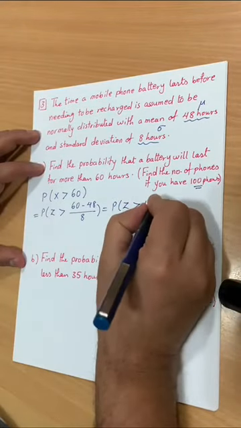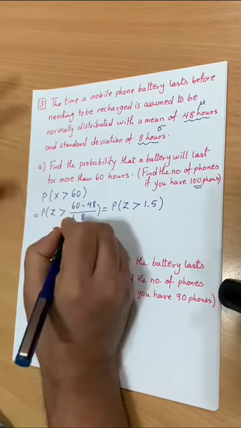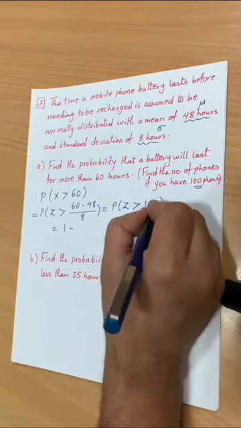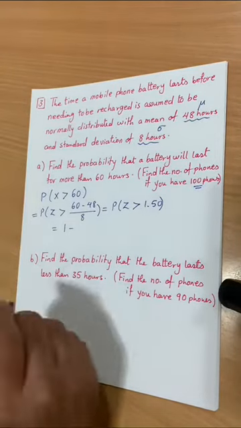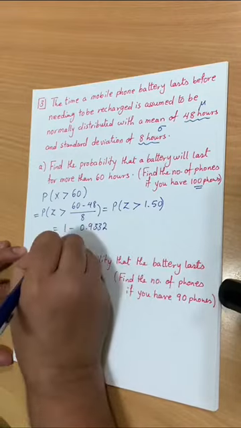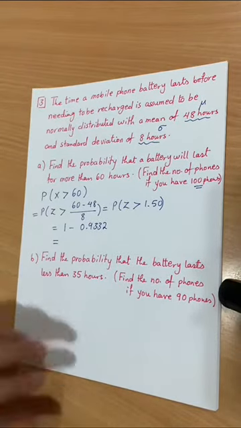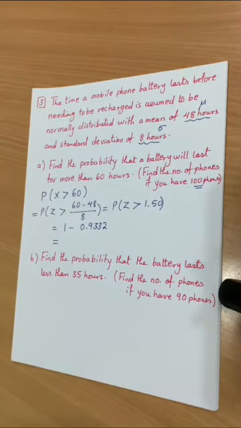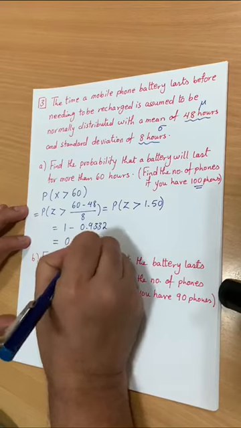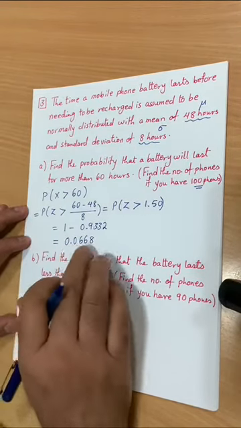More than positive is 1 minus table value. 1.5 is not 1.05, it's 1.50. So 1.50 is 0.9332. So the probability is 1 minus 0.9332, which is 0.0668. Now this is the probability.